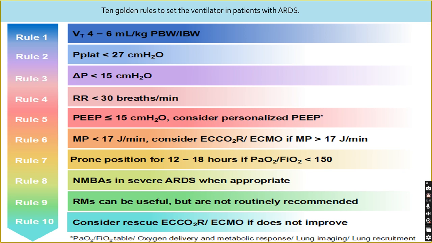Driving pressure, which is plateau minus PEEP, should be less than 15. Don't keep the respiratory rate more than 30 breaths per minute. Mechanical power is another concept which increases with respiratory rate and is detrimental to the patient. So try to keep the rate as low as possible, keeping your pH near 7.2, but not 7.3. So you have some permissive hypercapnia.